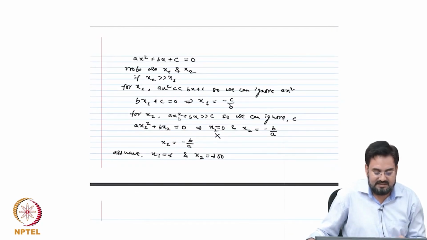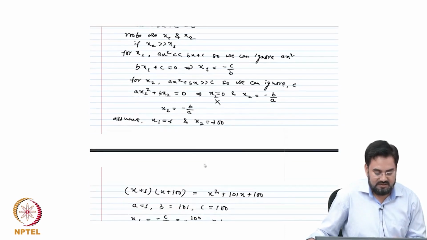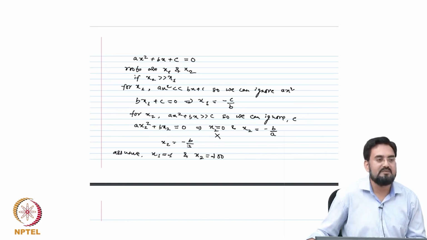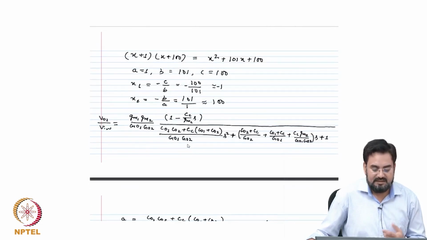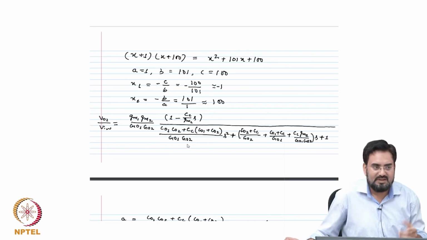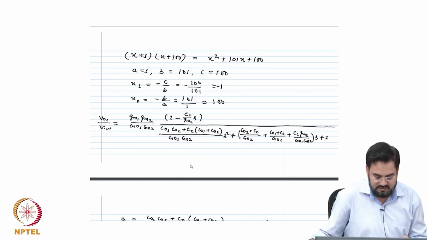For the second root, since x2 is much larger, ax square plus bx will be much larger than c. So, in that case you ignore c, and from there you will find the second root. So, x1 will become minus c over b and x2 will become minus b over a, and otherwise you can never find the roots of this by using minus b plus minus square root. Using that, it is very difficult, it will take forever.